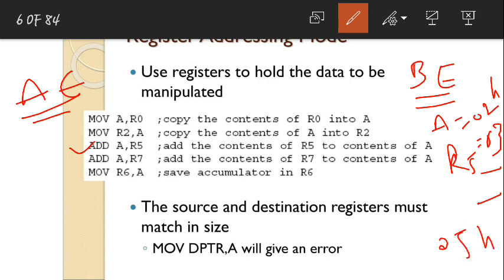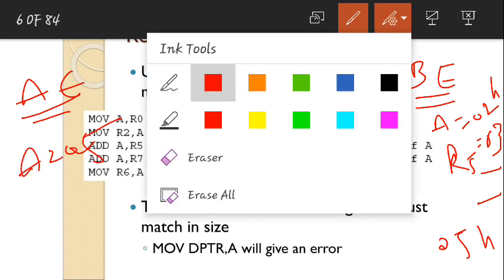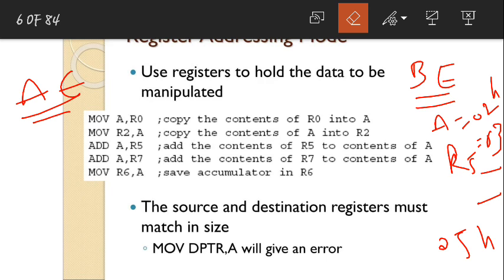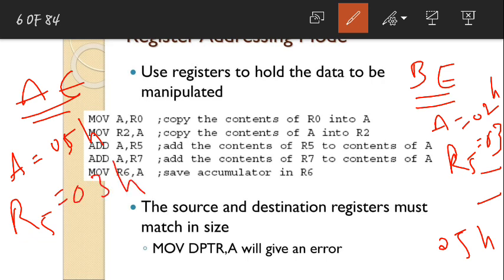That result should move to A on the destination side. So after execution, A will be having 05H. Next, R5 will be the same 03H, because that was at source. Is that fine? So after execution A is 05, before execution A was 02.